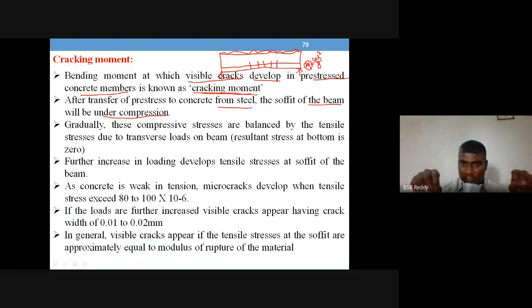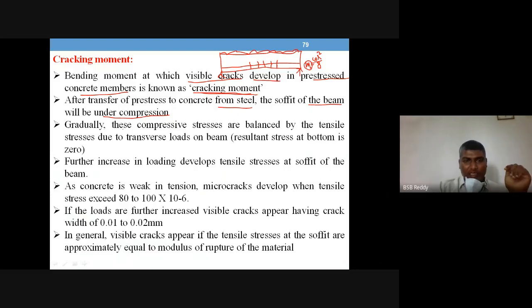So while the tendon is coming back to its original position, the concrete will be under compression. That will make the member hog, bending in the upward direction. That is what is called bottom compression.